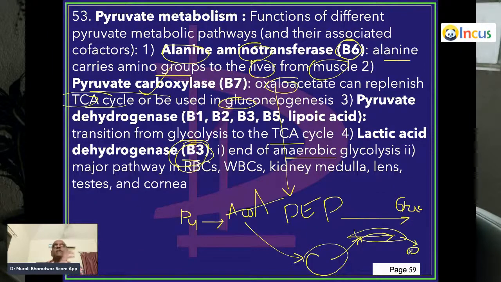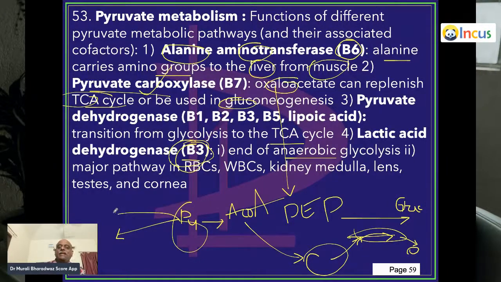Suppose oxygen is not there, pyruvate cannot go through this path. Pyruvate cannot become acetyl-CoA, acetyl-CoA cannot go into the mitochondria and electron transport chain and all that. So in that case, whenever oxygen is not there, whenever anaerobic conditions are there, or if there is no mitochondria, like in RBCs, red blood cells, in all these scenarios, what will happen?